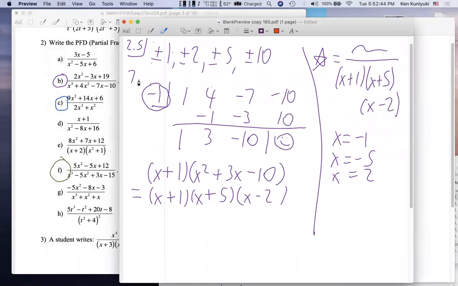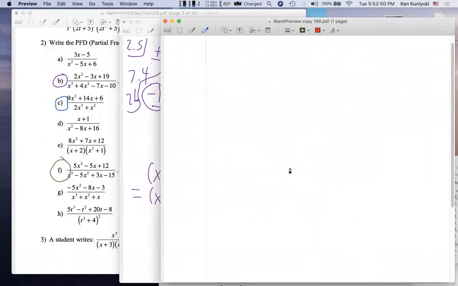This was 7.4 B, by the way. And then this one here is 7.4 F. Okay, so the denominator: factoring by grouping.